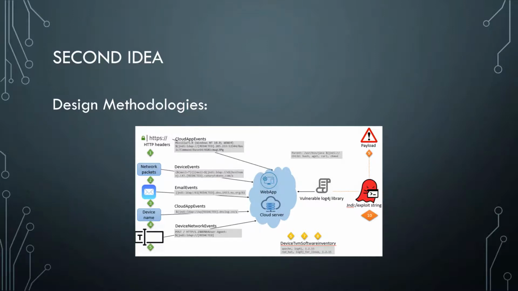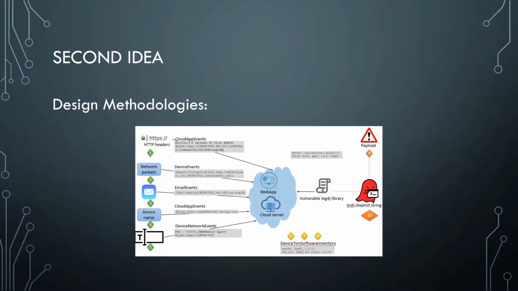The second event: Microsoft Defender for Endpoint and for Identity scan LDAP queries and network packets for exploits. The third event: Microsoft Defender for Office 365 investigates email containing a payload string in the subject, header, body, or sender fields.